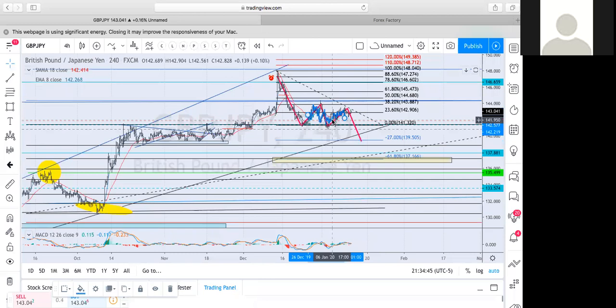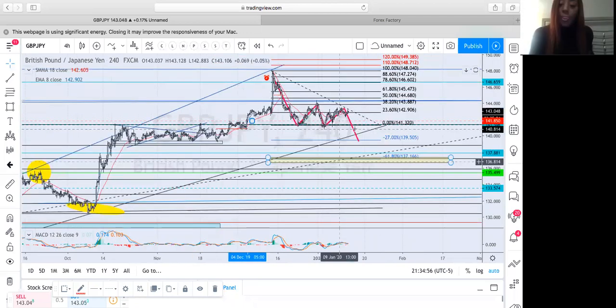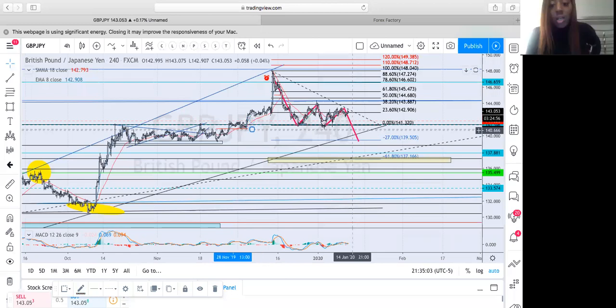Therefore, that means it still has a long way to go. So ultimately, again, I have this coming to this area here, and then at that point, anytime it hits my take profit areas, I'm always looking for price to reverse. But I wouldn't get in this right now just because there's no clarity.